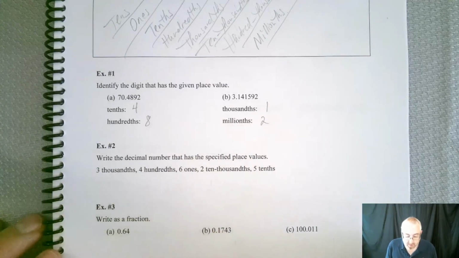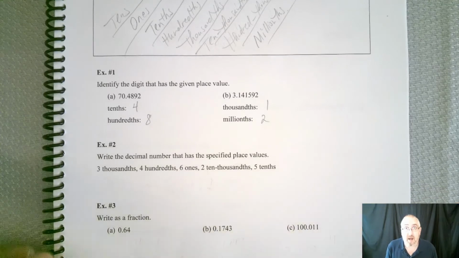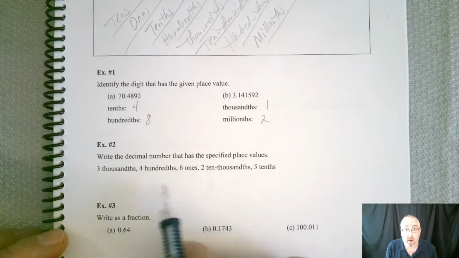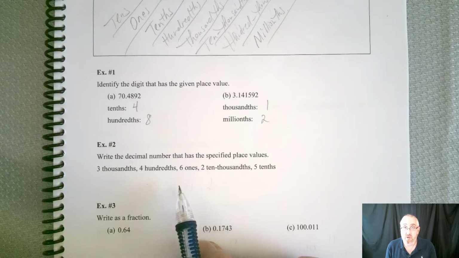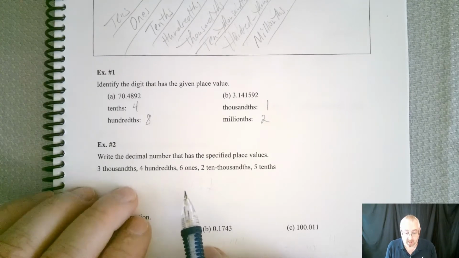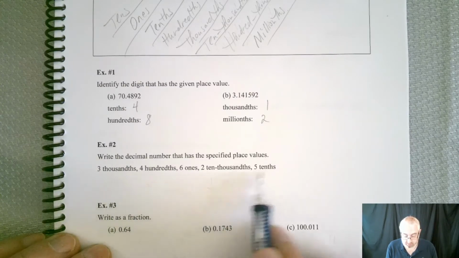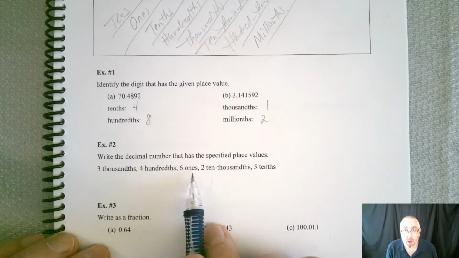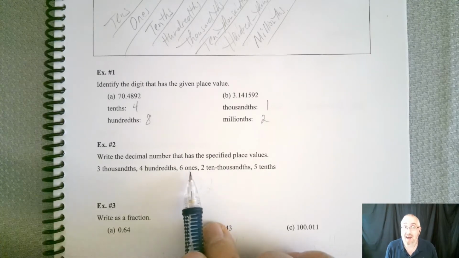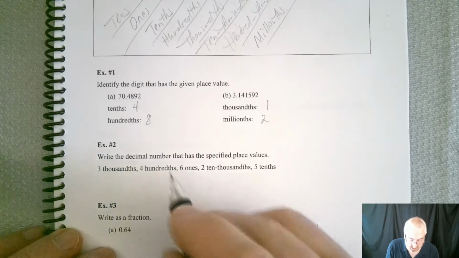Now this next one, we want to just write it in the proper order. It's basically a jumbled up number, and they want you to put all the digits in the right spots. So the first thing you have to figure out is which digit goes first. What's the furthest one to the left in my number here? This one here doesn't have THS on the end of it. So that's got to be on the left side of the decimal point, and there's nothing else that's even further left, so that's your starter.